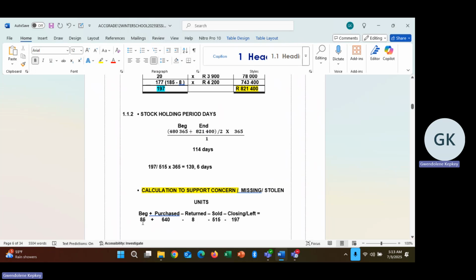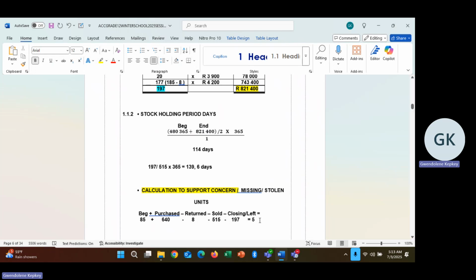Now, you could group this together, but I prefer to do it this way, then you're guaranteed of your marks. So if we do this calculation, my beginning plus my purchases minus my returns minus what I've sold minus my closing stock, you should come to the number of items that was stolen or missing, and the owner's concern will be 5.